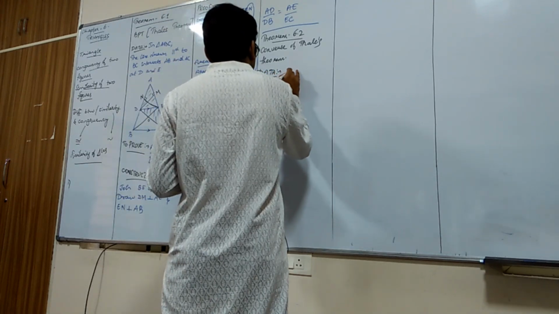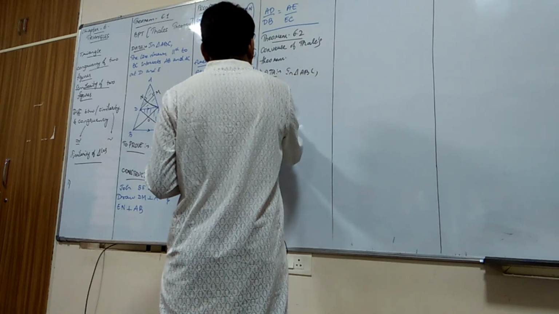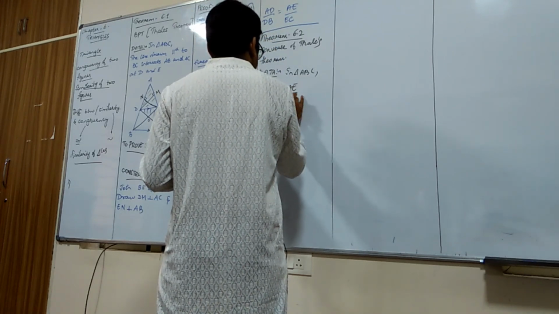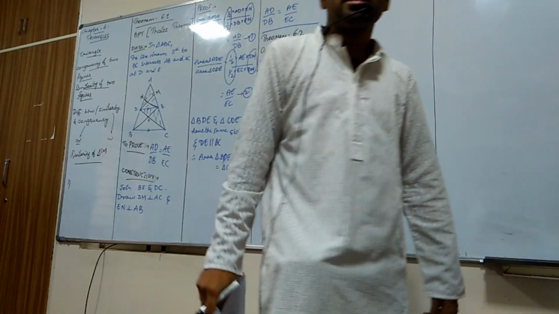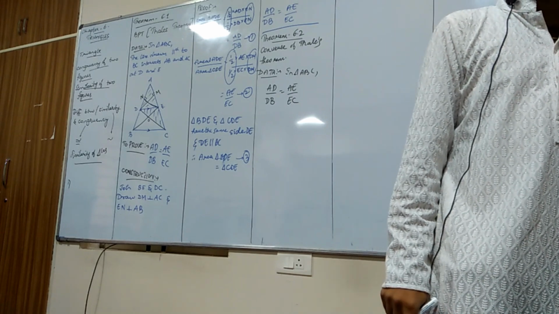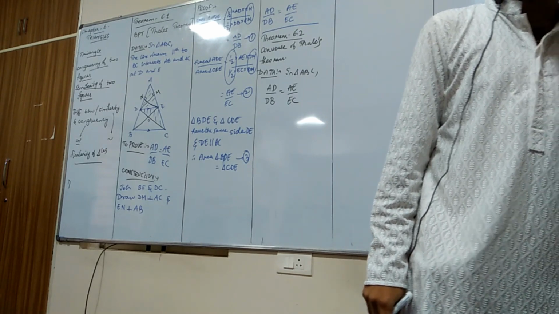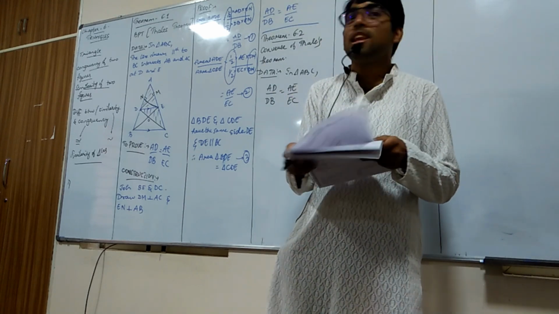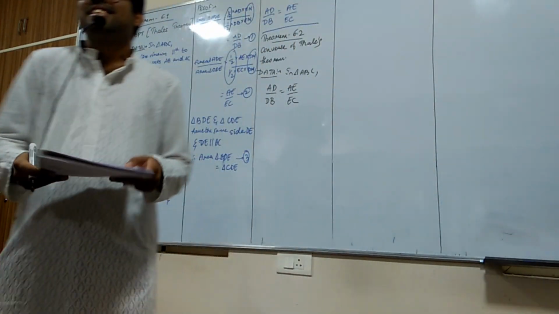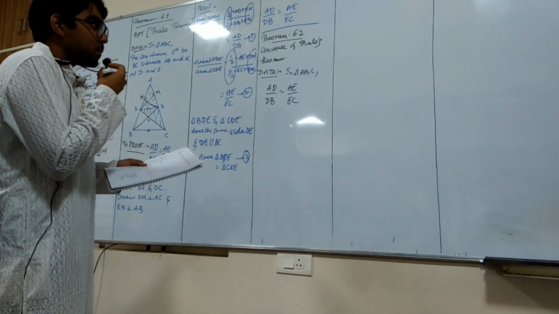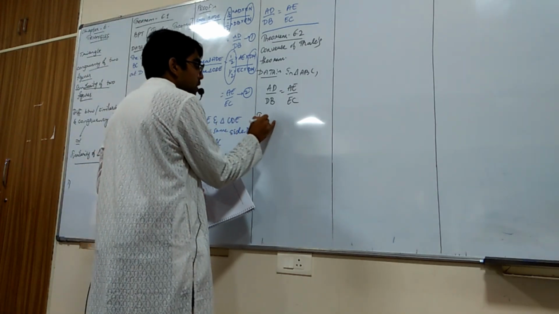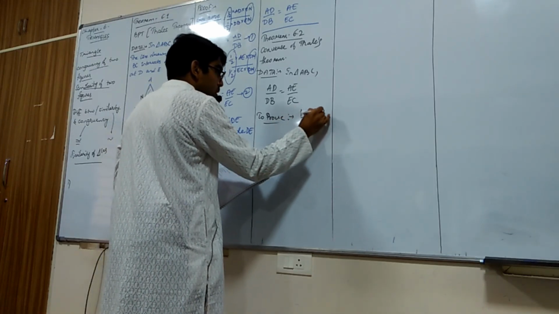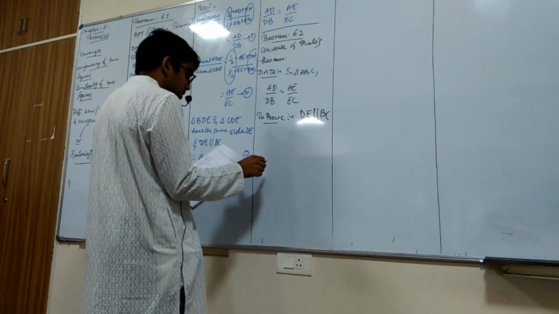In triangle ABC, AD by DB is equal to AE by EC. To prove: DE is parallel to BC.